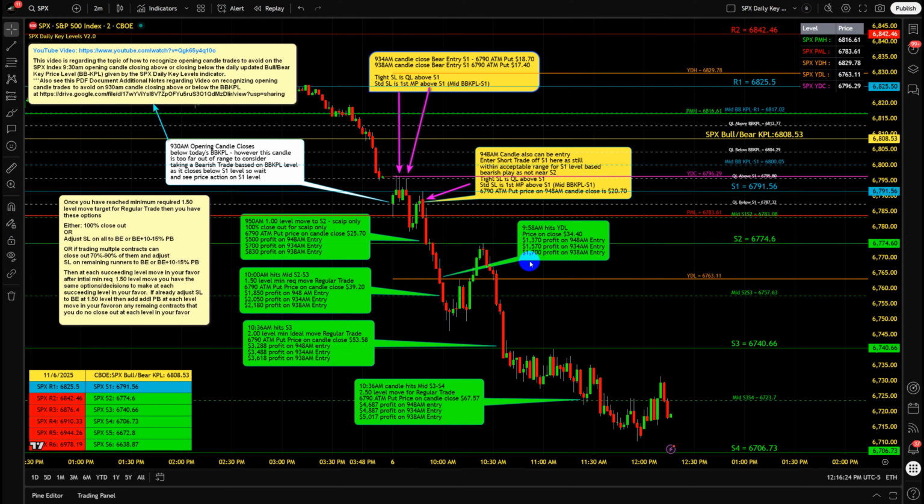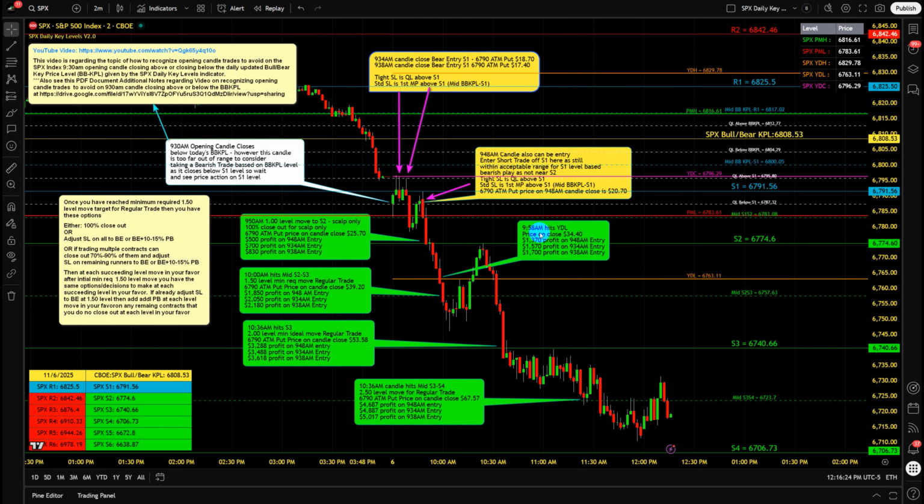Before we get to that though, you'll see here that the 9:58 a.m. candle hits the YDL level, yesterday's low. Keep in mind that YDL levels can be potential reversal points or stalls.